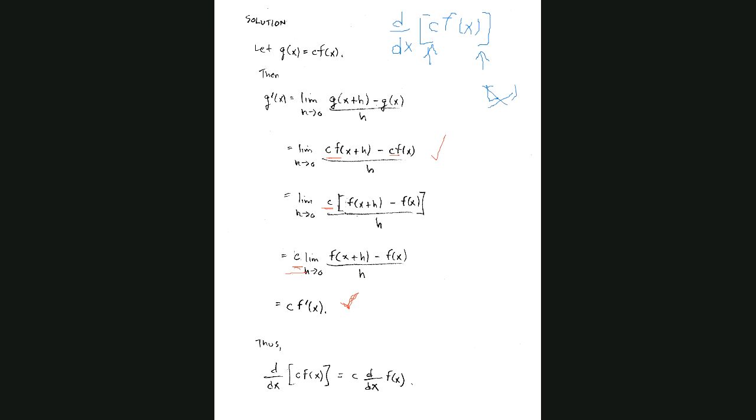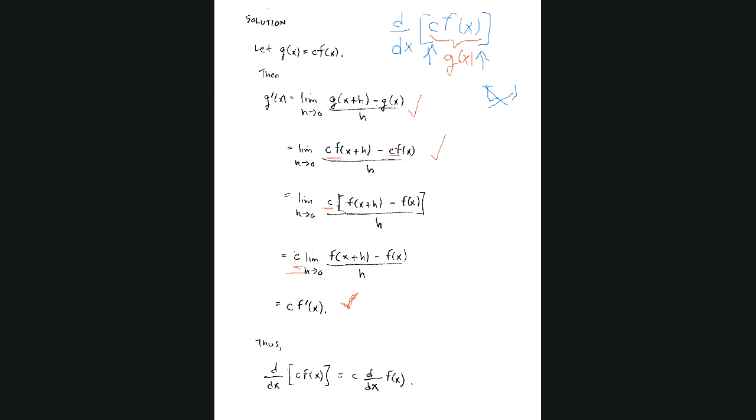But okay, so what I'm doing here is I'm trying to find the derivative of a constant times f of x with respect to x. Well, it's okay, isn't it, that I call the constant times f of x g of x? I mean, I can do that, right? And by doing that, it just makes it a little easier to write down the definition of the derivative here.